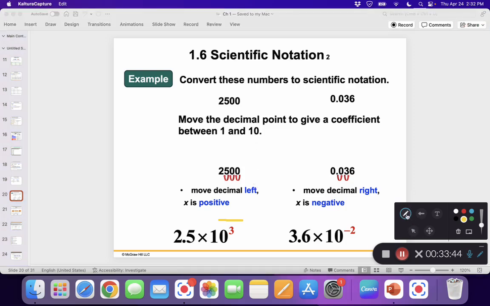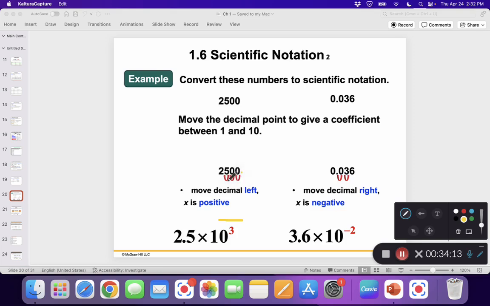Let me suppose that there is a decimal at the end of this number. Now you imagine moving that decimal to the left 1, 2, 3 places, so that now you have 2.5, and 2.5 is a number between 1 and 10, right? And times 10 to the power, how many times did you have to move that decimal?